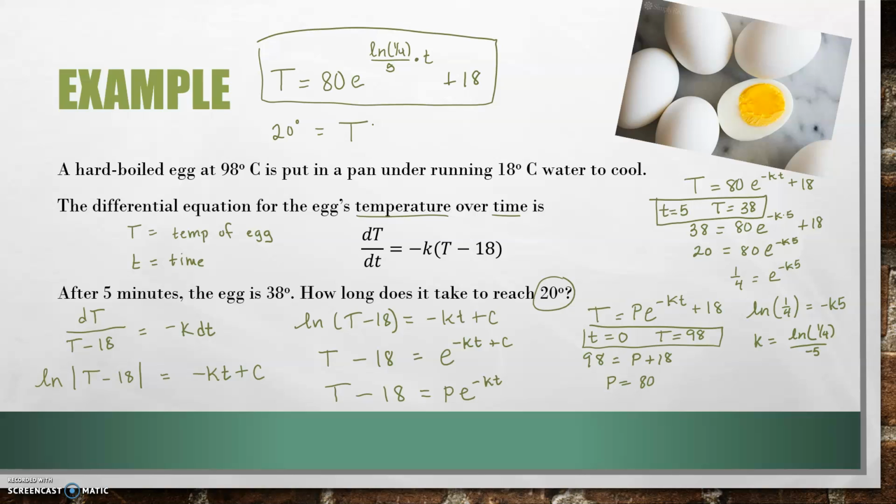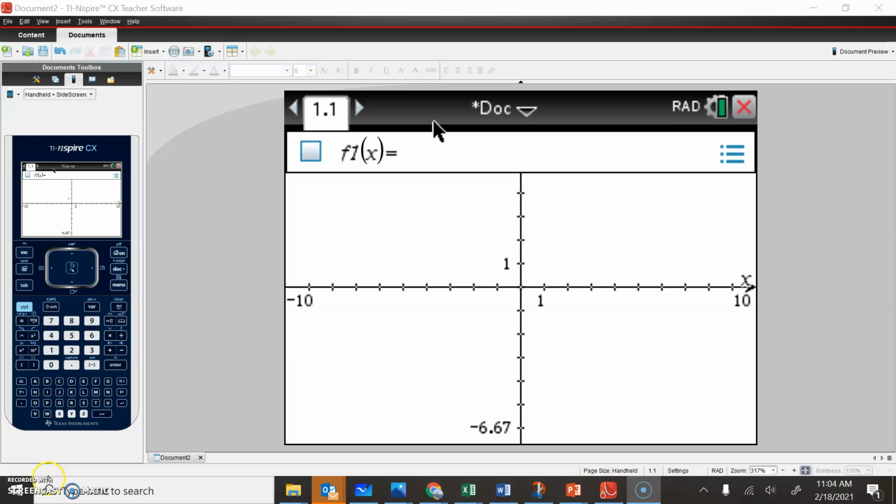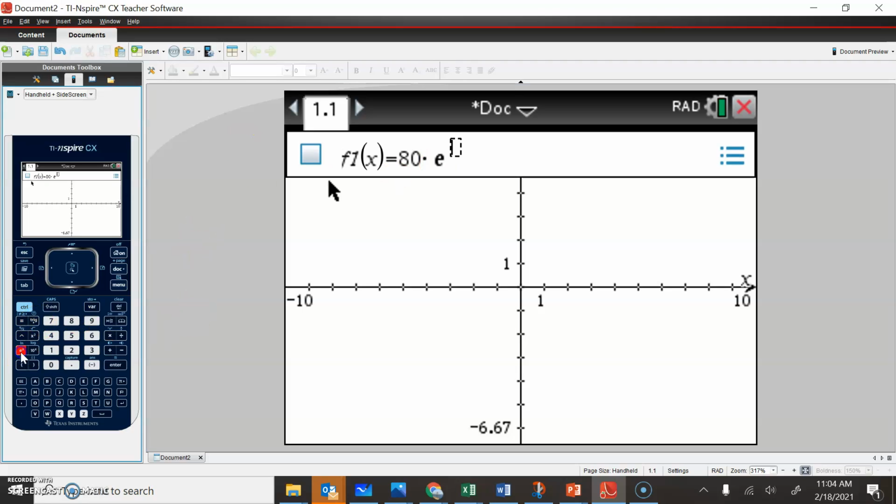So grab your grapher. That's our next step. We're going to put our equation in to graph it. 80 times, make sure you use the E button.